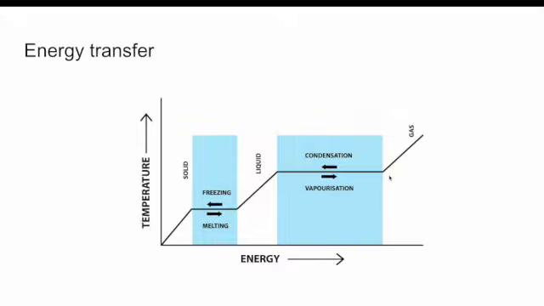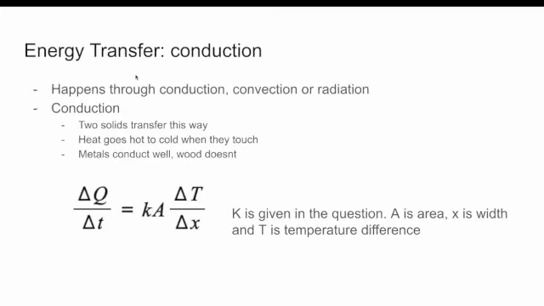It stays constant throughout. So now let's look at conduction, convection, and radiation. They're all methods of energy transfer, and the most common is called conduction. It's the way two solids transfer heat, and it just means that heat goes from hot to cold when they touch.